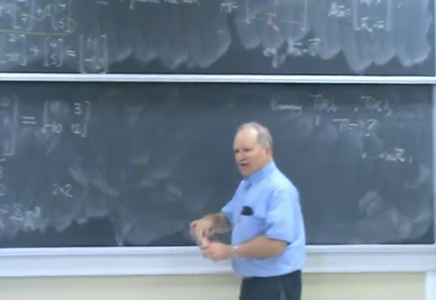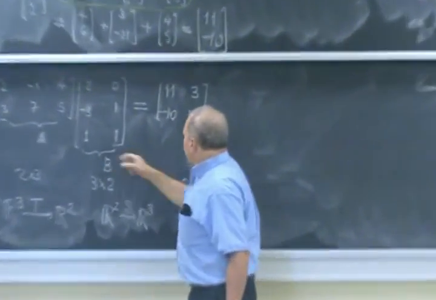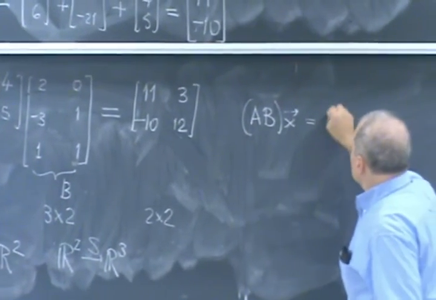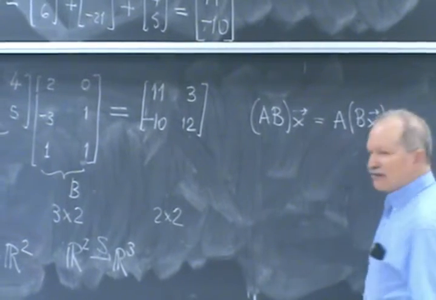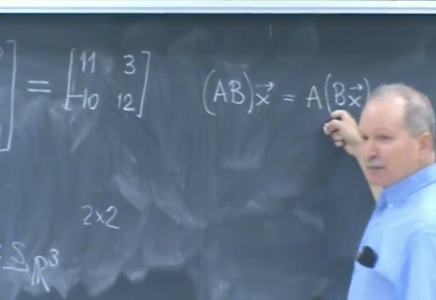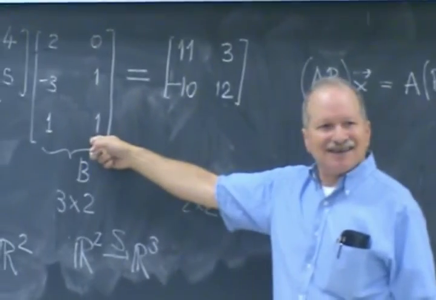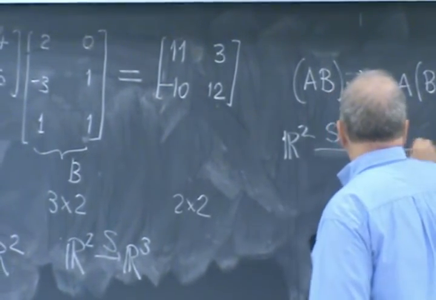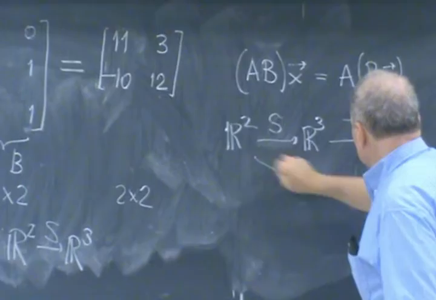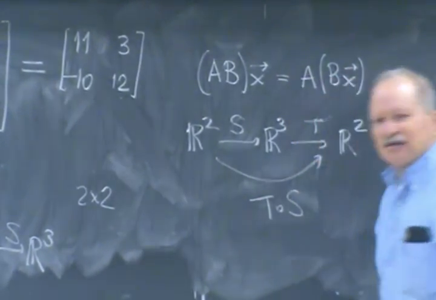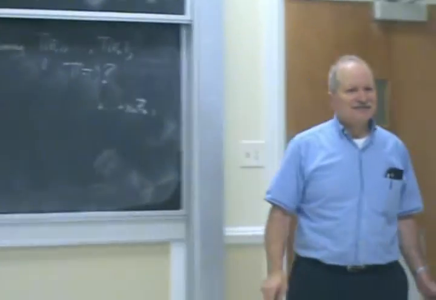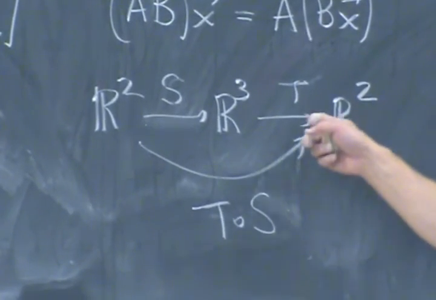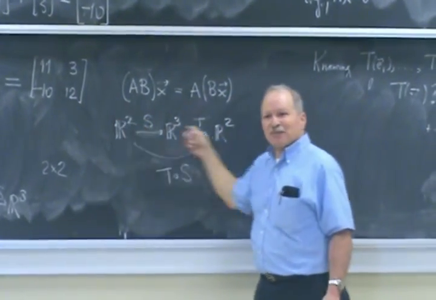So the beauty of all this is that multiplying here should mean that you do this, which means you should be doing a composition of functions where first you do B, and then you do A, and you do the composed function, which is written T composed with S, and this matrix represents the composition of functions.